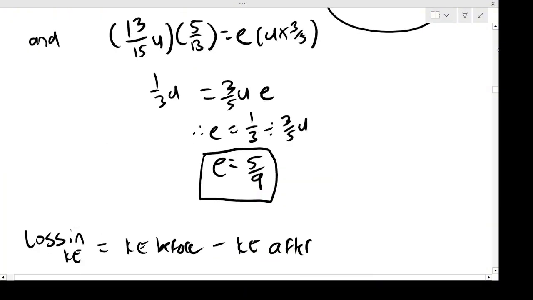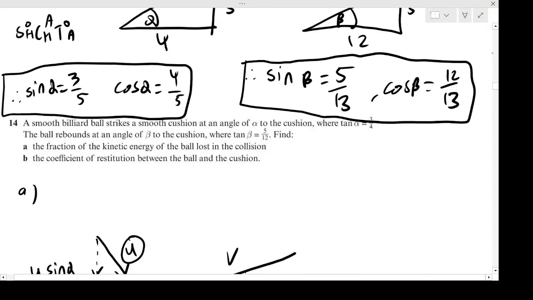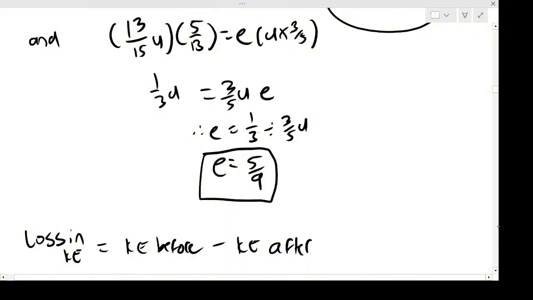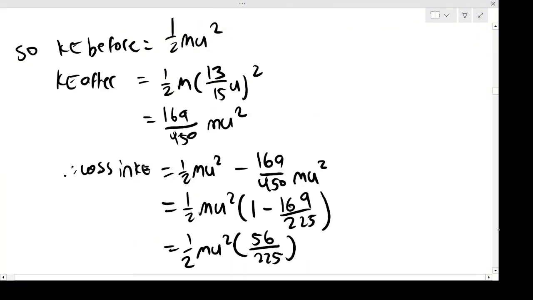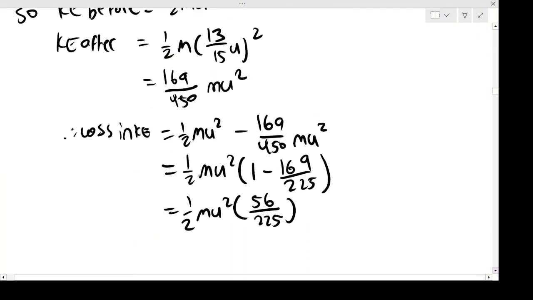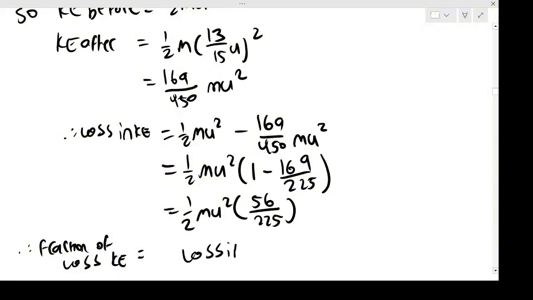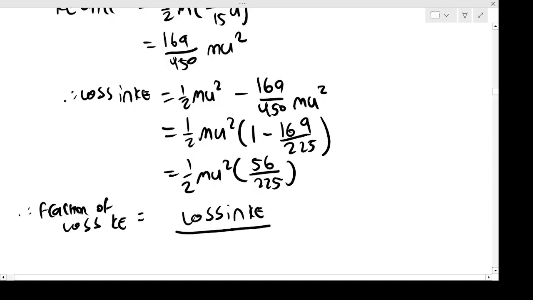But that's not what they wanted. They wanted me to find the fraction of the kinetic energy lost. So the fraction of the loss in kinetic energy is going to be the loss in kinetic energy over the total energy we originally had, right? So it's going to be the kinetic energy before, because remember, we lose kinetic energy after a collision.